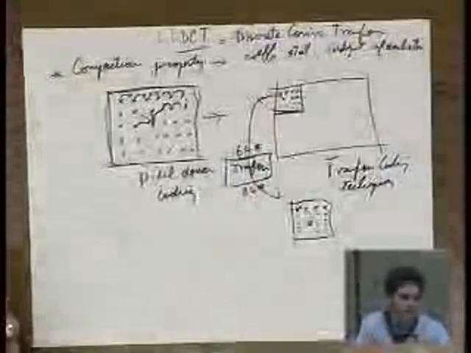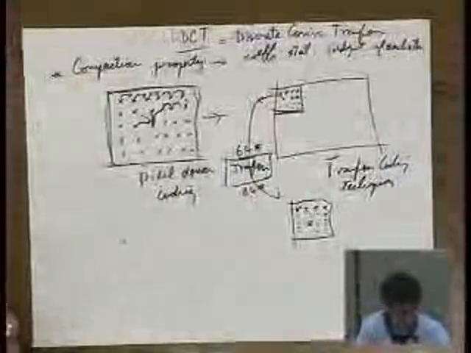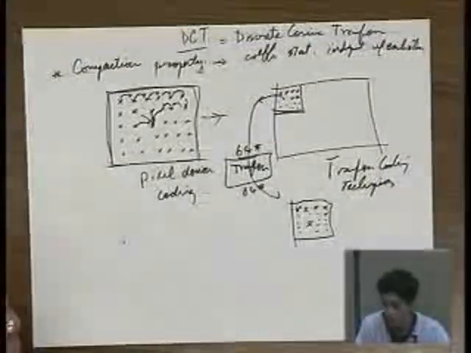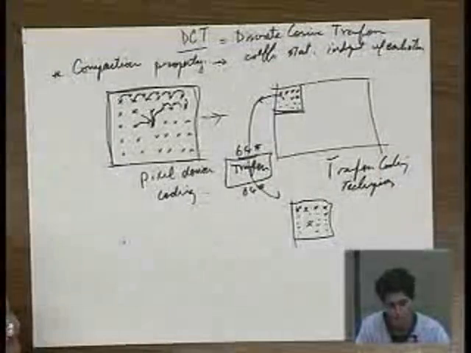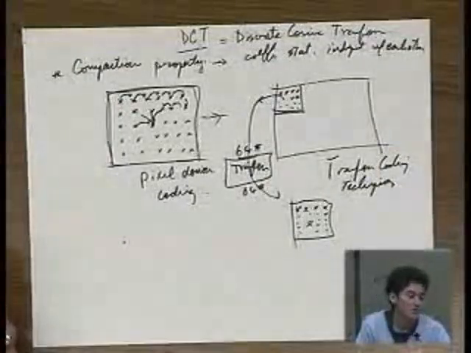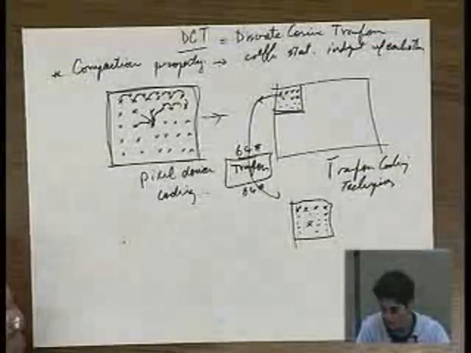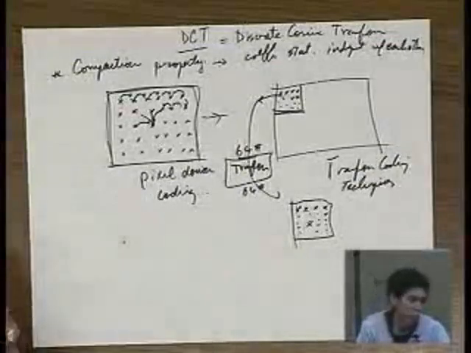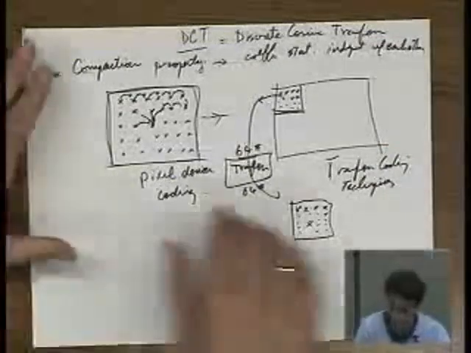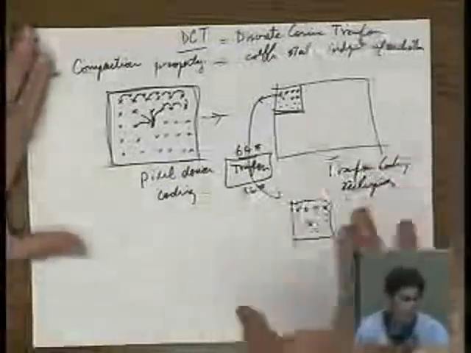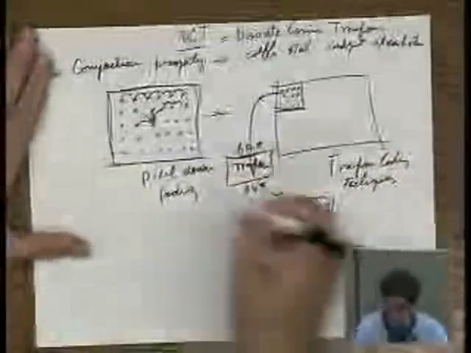That's called the compaction property. Which means that you can keep a very small percentage of the coefficients and throw away the rest. Of course, you do see some blurring if you throw away 90% or 95% of the coefficients, but for most practical purposes, depending upon how much bit rate you can afford and what fidelity you want to get, you keep more coefficients or fewer coefficients.